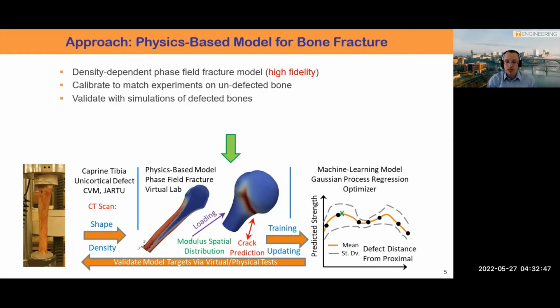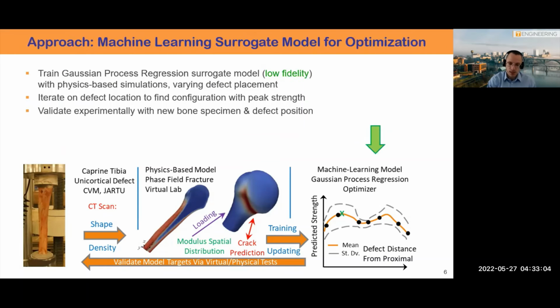We would calibrate the simulation output from this model for the fracture load and the load-displacement curve to match the undefected bone specimens, and then validate the code using the defected bone specimens to see if we can predict those.